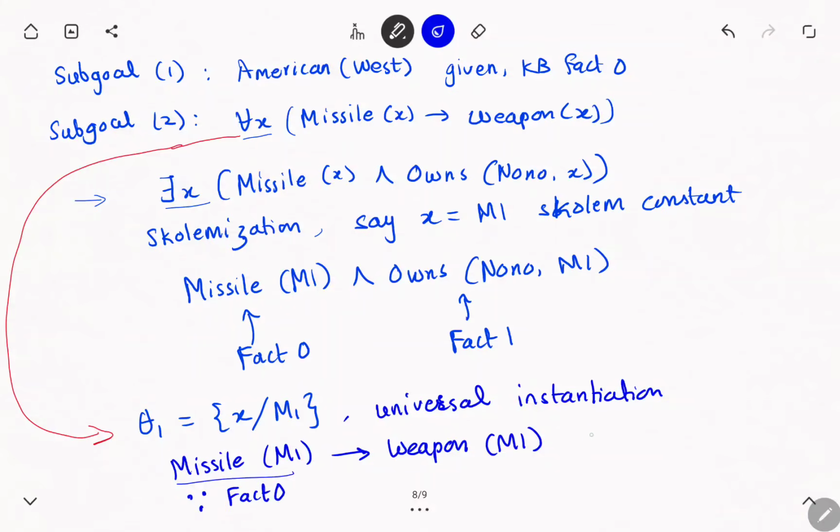Therefore, by modus ponens, we can say that Weapon(M1) is also true. So this is your fact number 2 in your proof process.